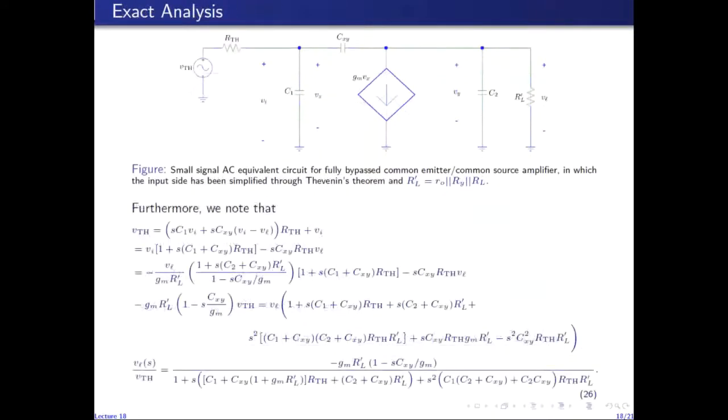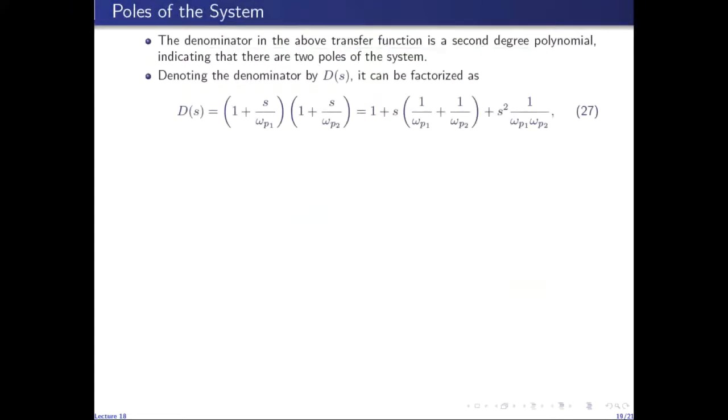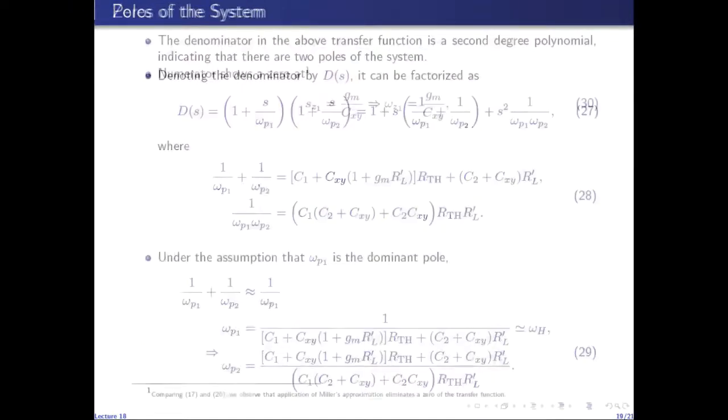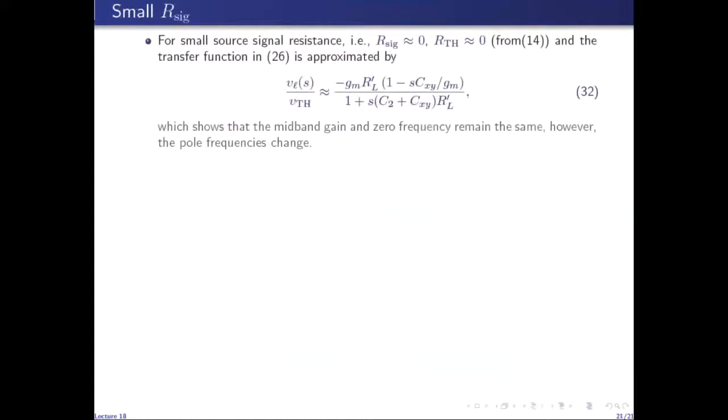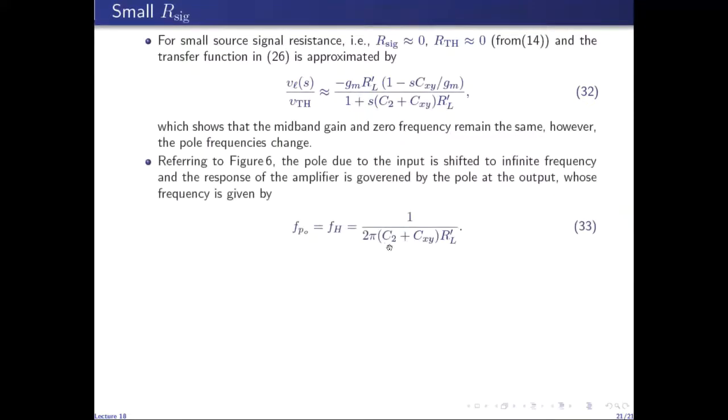Since we have analyzed this circuit without the use of Miller's approximation, instead of getting CY, we get the output pole frequency in terms of C2, RL prime, and CXY.